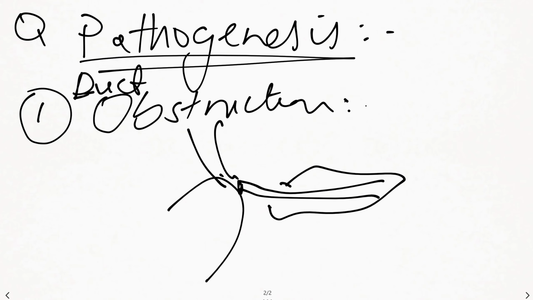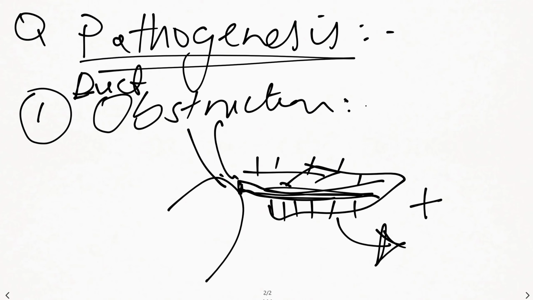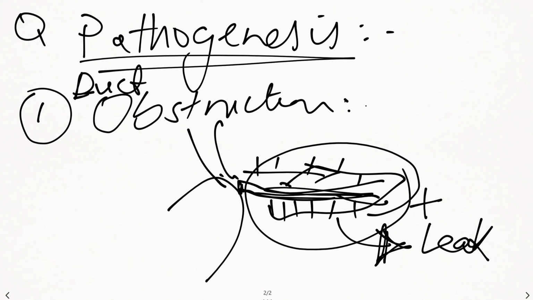Whatever the cause, the secretions will move back inside the ducts, and the high pressure inside the duct will cause damage of the pancreatic acini. The pancreatic enzymes will leak outside, and this will cause further damage to the pancreas itself and the surrounding structures. This is one of the most common pathogenic mechanisms for acute pancreatitis.